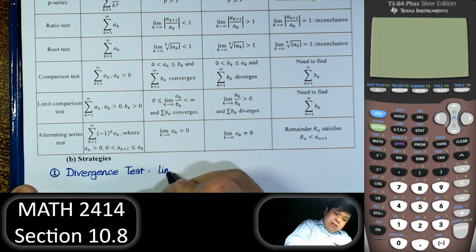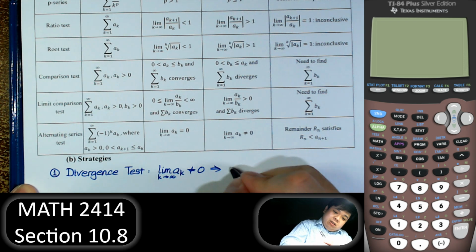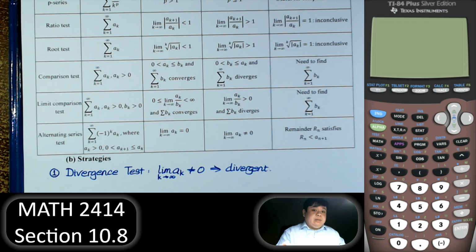If the limit of the terms is not equal to 0, then that is divergence. That's the first thing I look at.